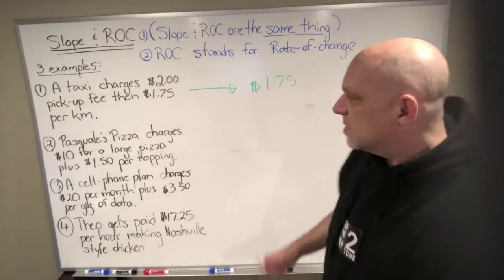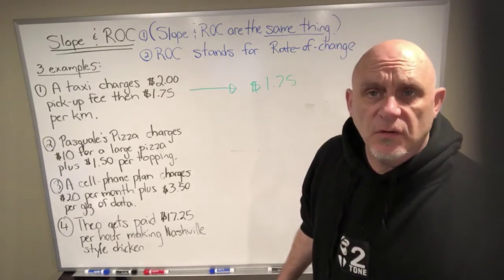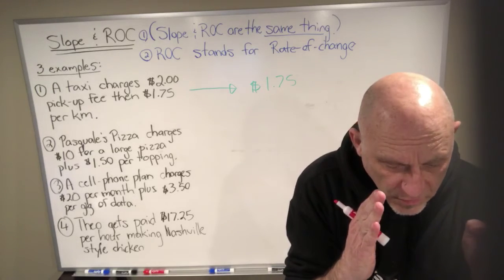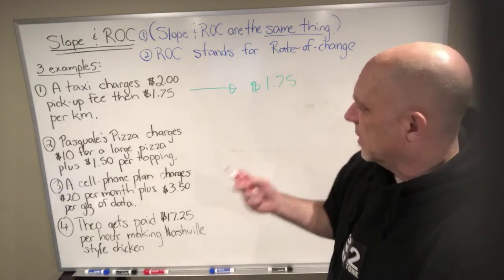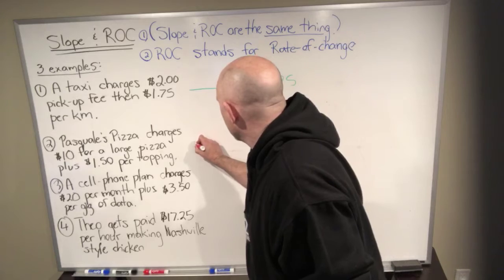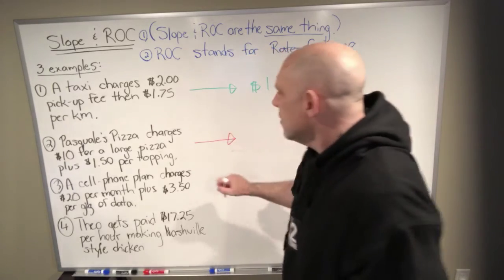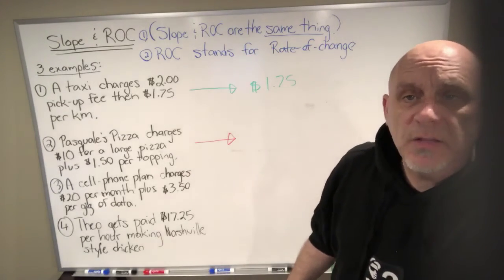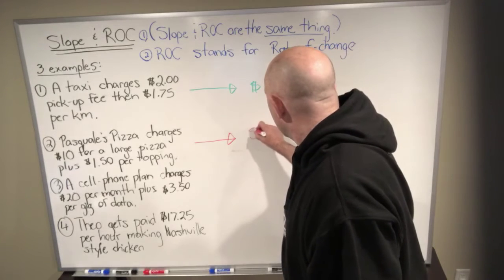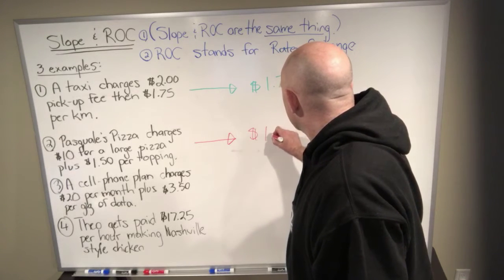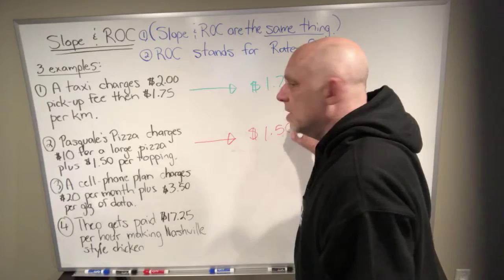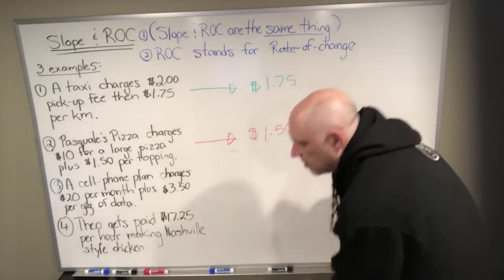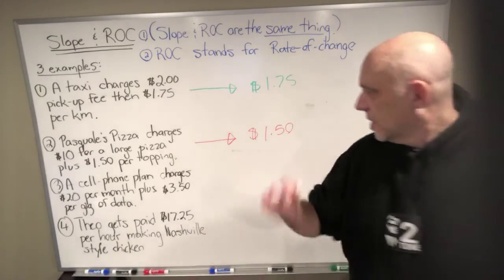So what's the thing that changes? Not the $10. That's what he charges at the beginning, the initial value. That'll be our next video. Here's the changing thing, depending on how many you want: $1.50 per topping. That's a little more visible when I look over here.